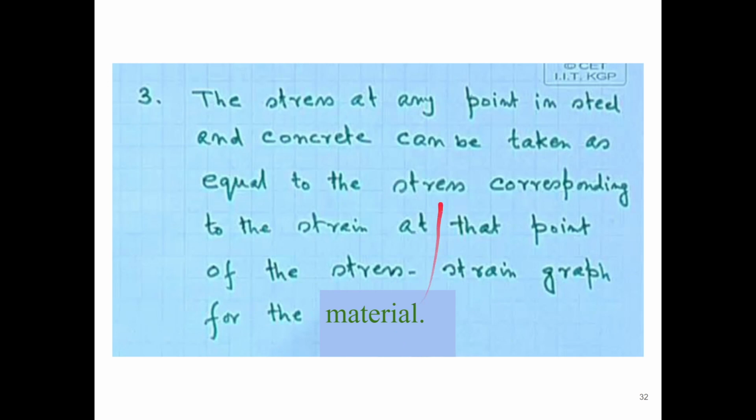So at any point, if we require a stress, it will be equal to the stress corresponding to that particular strain occurring at that point. And that value can be found from the stress strain graph for the given material.